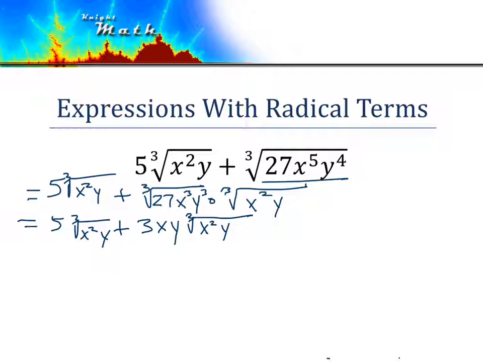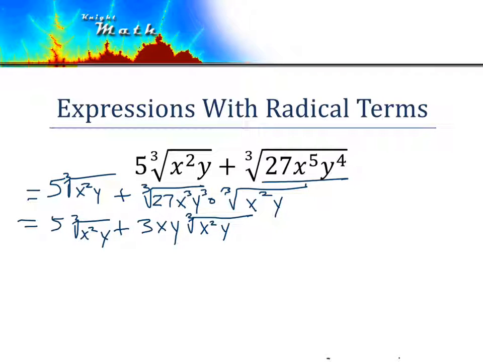Now, we want to simplify, this is our goal, and we will run into cases like this where we want to group these together. The problem is we've got 5 plus 3xy.